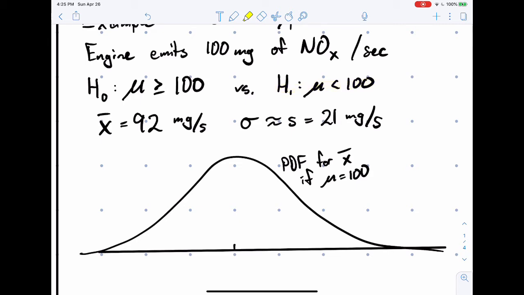It could be anything greater than 100, but we choose the one that is as close as it can possibly be to the alternative hypothesis. So 100 is our mean here, and then we observed an actual value of 92. To compute the p-value, we just find the area to the left of this 92, okay?